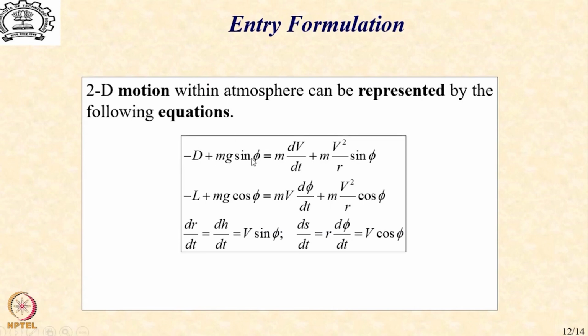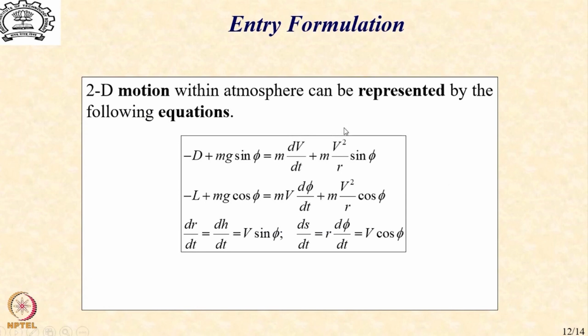We have the gravitational component. Then we have m dv by dt, the force term. The thrust is missing. And then we have one extra term, m v square by r into sine phi. This is the centrifugal force term, because v square by r is the centrifugal acceleration, as we are using a spherical coordinate system.